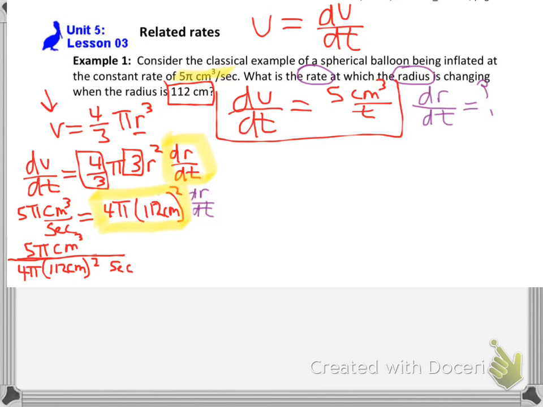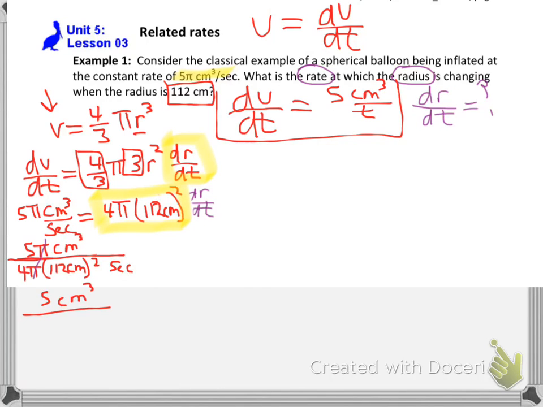And we notice a couple of things that cancel right away. Pi cancels out with pi, and so we're left with ultimately 5 cubic centimeters on top. And then using the calculator, we can punch up 4 times 112. So let me do that over here. I've got a little calculator in the background. You can't see it.